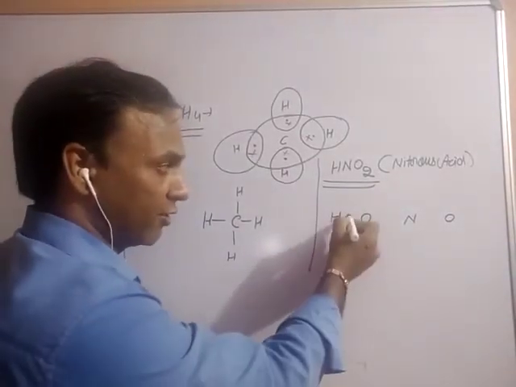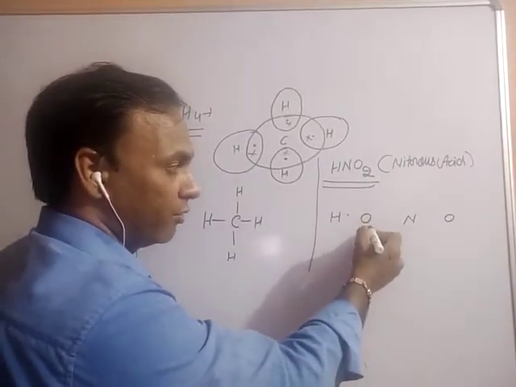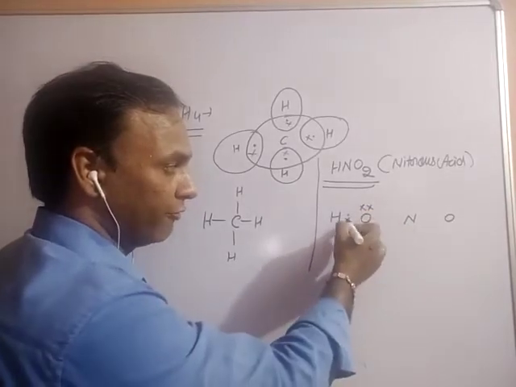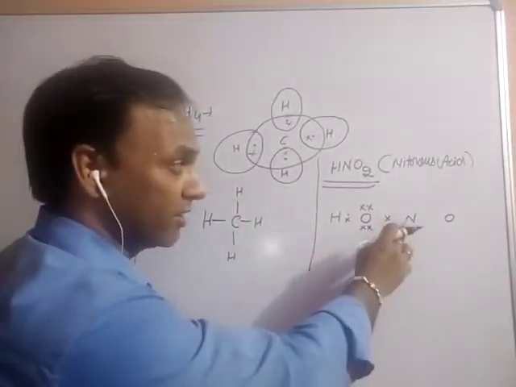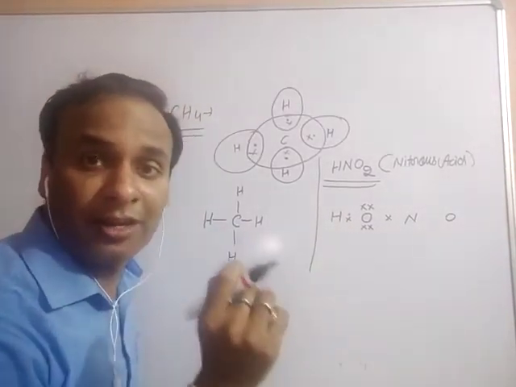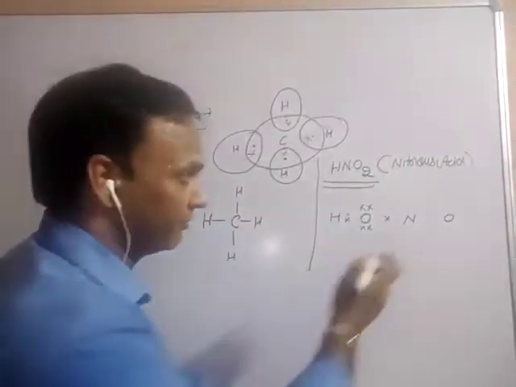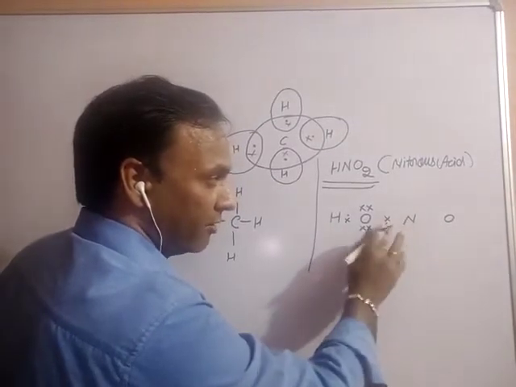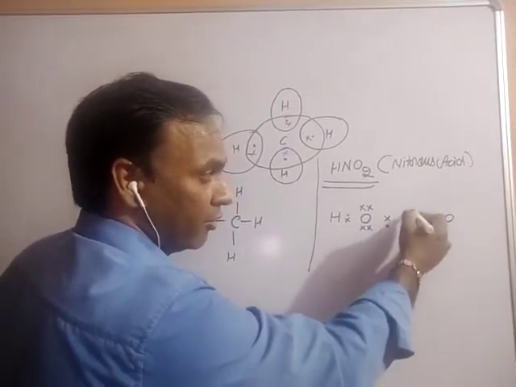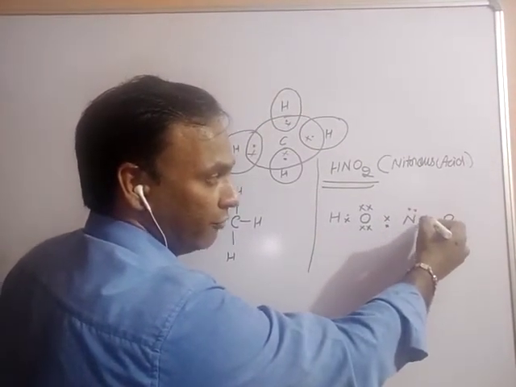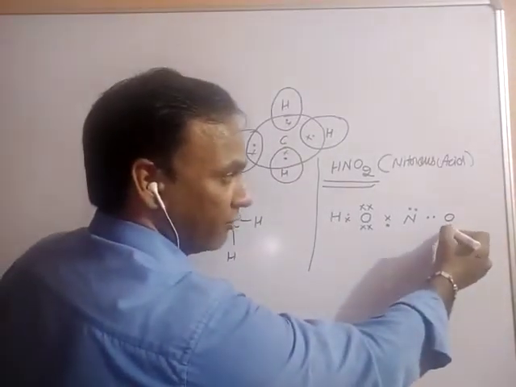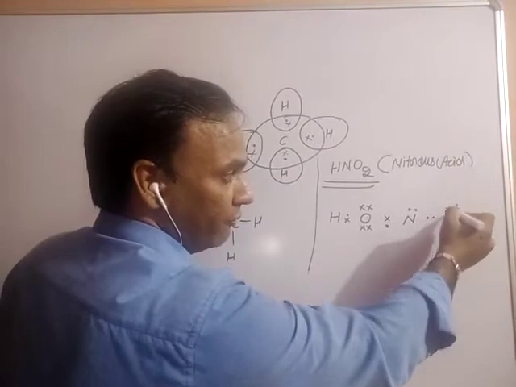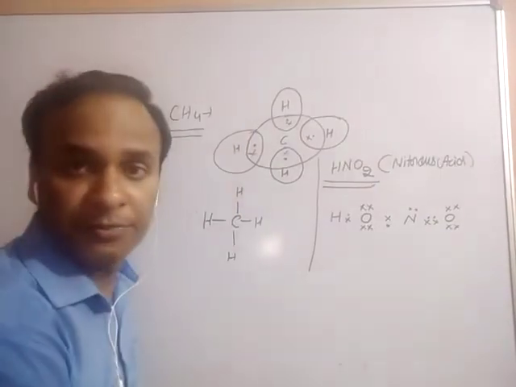Oxygen has 6 electrons. 1, 2, 3, 4, 5 and 6. And nitrogen has 5 electrons because its atomic number is 7 and its configuration is 2, 5. 1, 2, 3, 4 and 5. And the other oxygen has 6 electrons. 1, 2, 3, 4, 5 and 6.